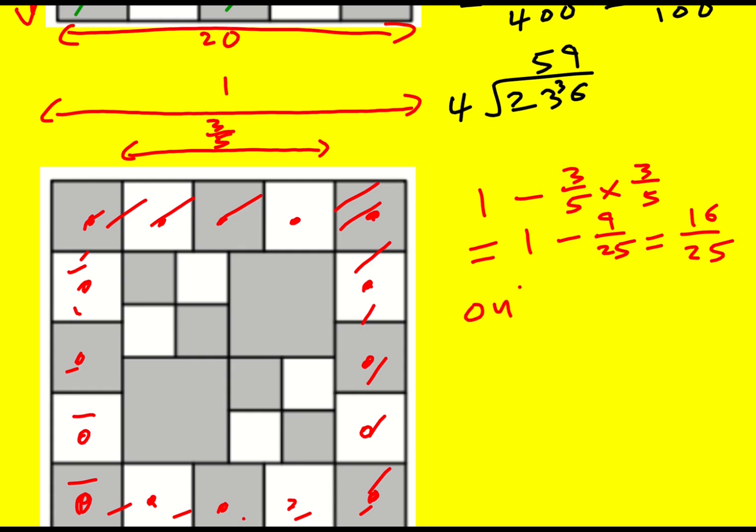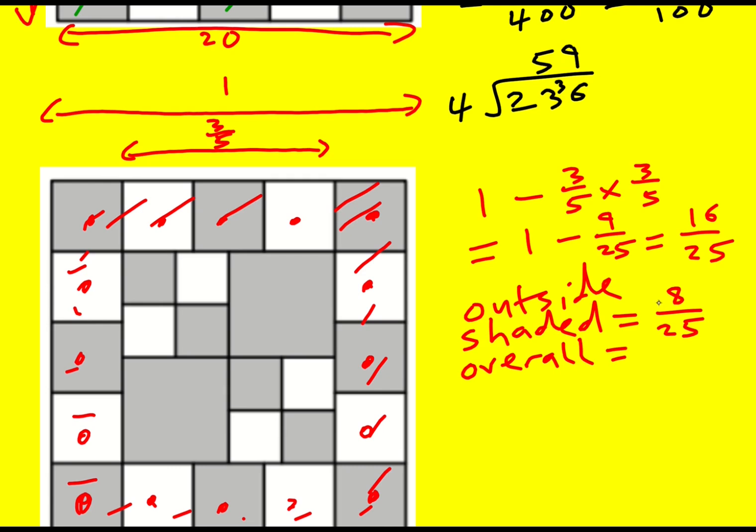So the outside shaded is going to equal 8 over 25 overall. Actually, I could work that out as a percentage. I could times top and bottom by 4 to give me 32 over 100, or 32%.